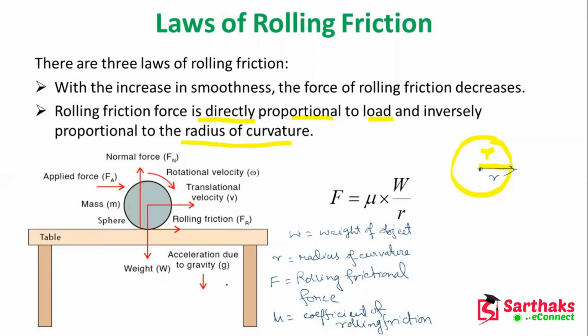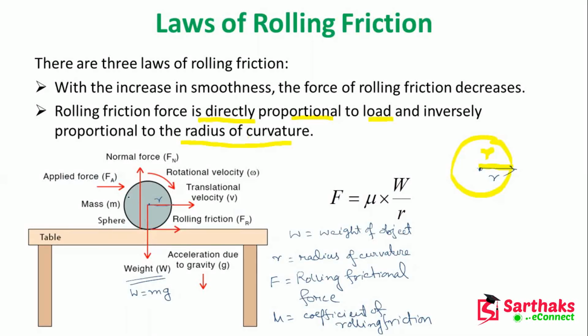Okay, so in this figure you can see that this is the wheel, and from the center this is the radius, and the weight is this one, where W is mg, m is the mass of the object and g is the acceleration due to gravity. If we apply some force, then it will rotate, right? And let the rotational velocity be omega.